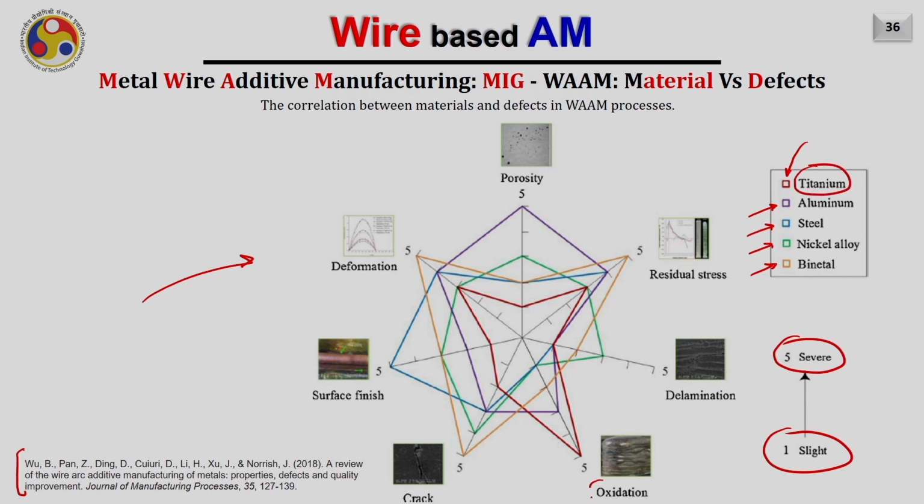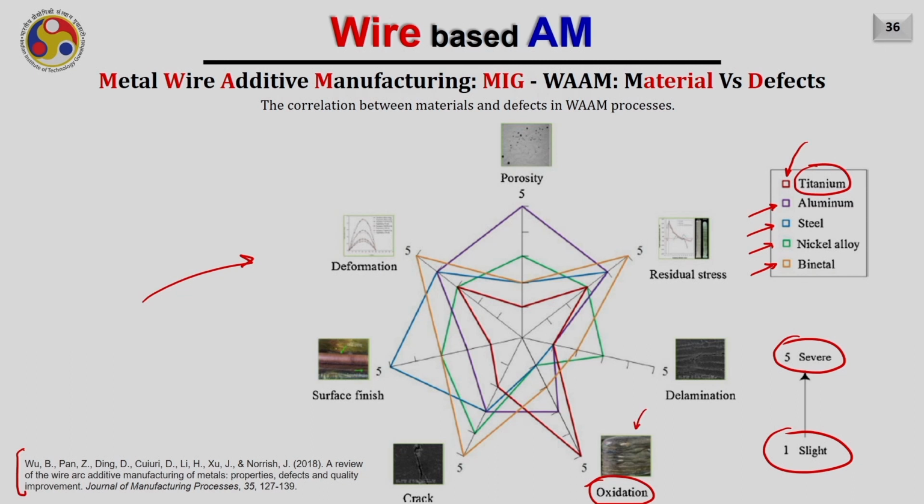It is more severe for the oxidation related defects, because titanium is a very reactive material, and immediately when the arc passes away, the hot molten or deposited material gets exposed to the environment and immediately oxidizes.